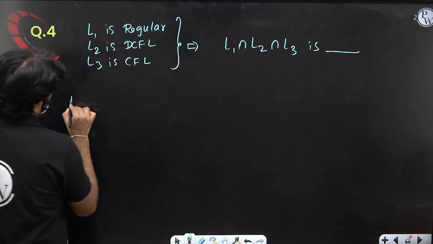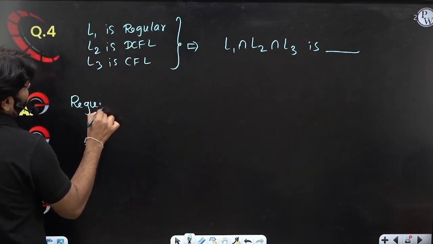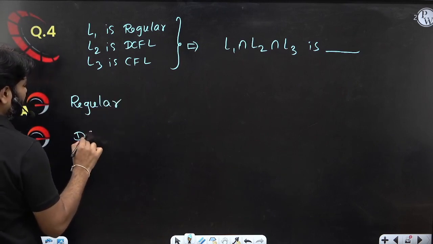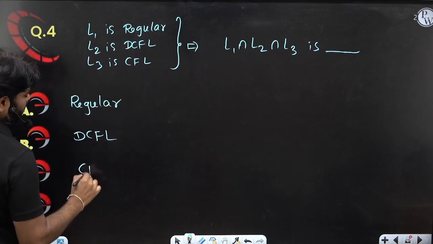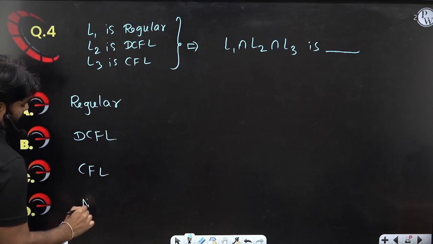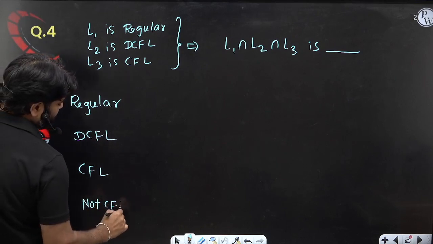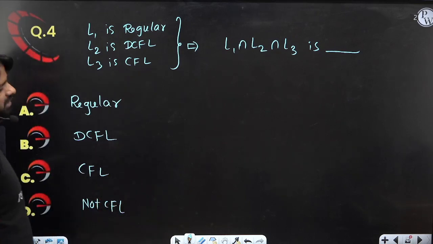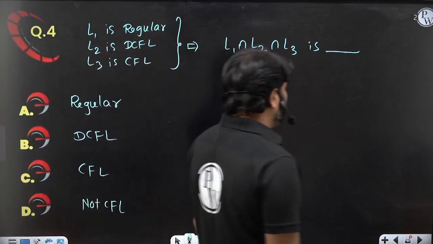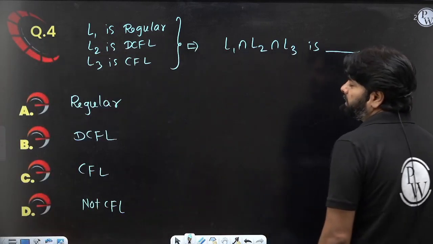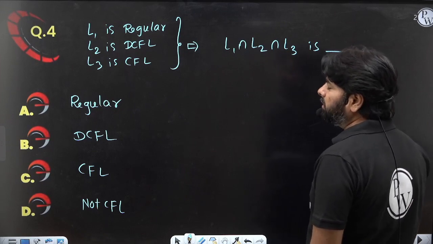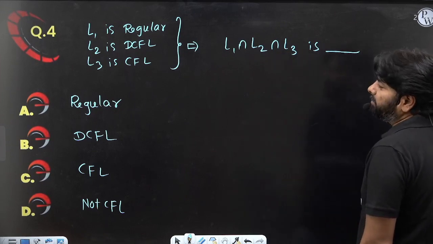First option regular, second option DCFL, third option CFL, and fourth option not CFL. Let's say we will answer this question. This concept is very important. You cannot just look at an answer and say it's wrong. Don't look at Venn diagrams. Venn diagrams are something different.